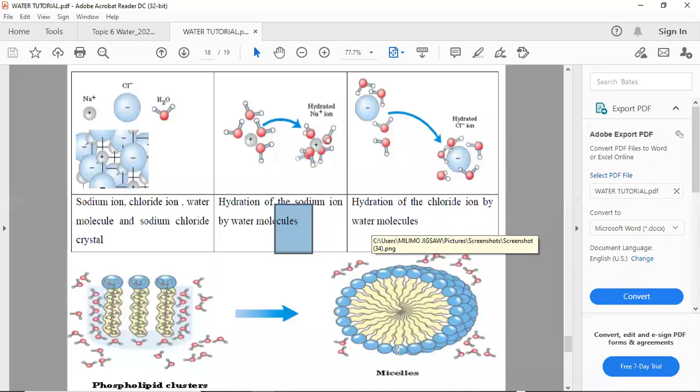You have the hydrophilic part, which is the head, and you have the hydrophobic tails. The hydrophilic heads will form bonds with the water molecules, or will be oriented towards the water molecules, while the hydrophobic parts will orient themselves away from the water molecules.